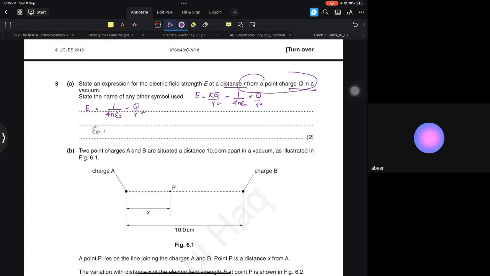You just need to explain epsilon naught, and you're going to say it is the permittivity of free space. This is what you're going to write. Everything's clear?